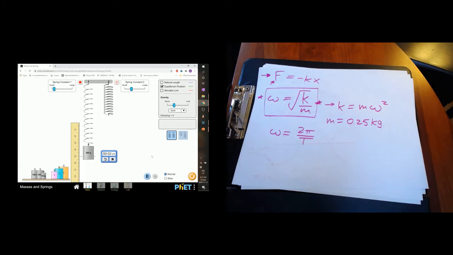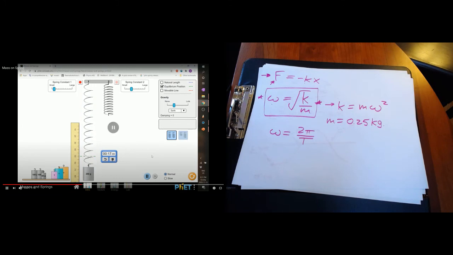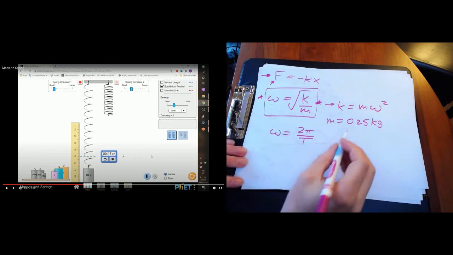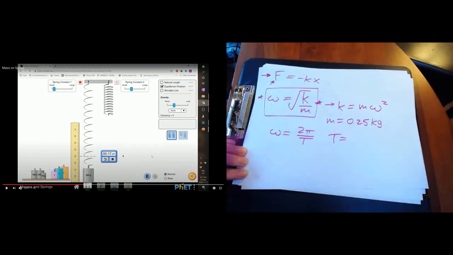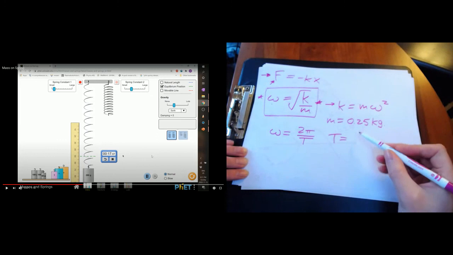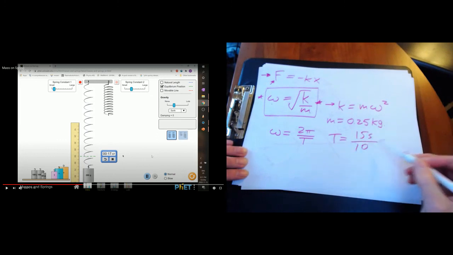There's 1, 2, 3, 4, 5, 6, 7, 8, 9, 10. It was difficult to figure out the period for just one oscillation, so what I did was count 10 oscillations, and I found it was about 15 seconds, maybe a little more.